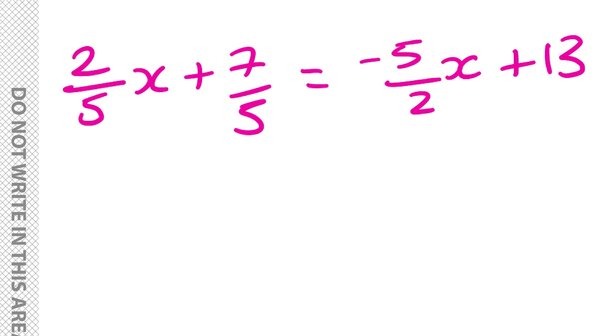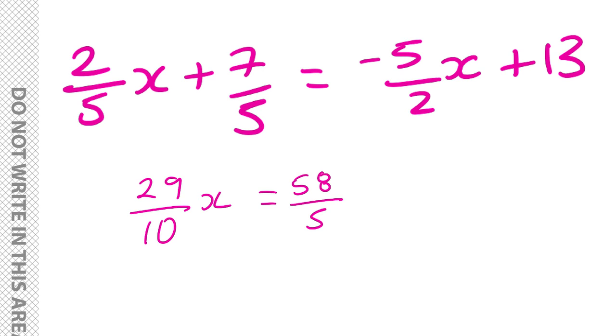So, 2 over 5 plus 5 over 2 gives 29 over 10x equals 13 minus 7 over 5, which is 58 over 5. So if I times that by 10 and then divide by 29, I get x equals 4.